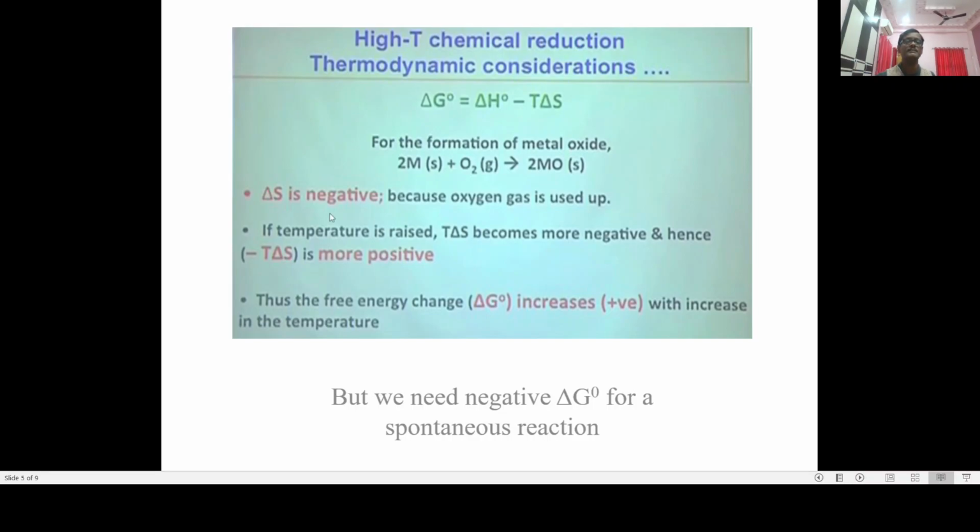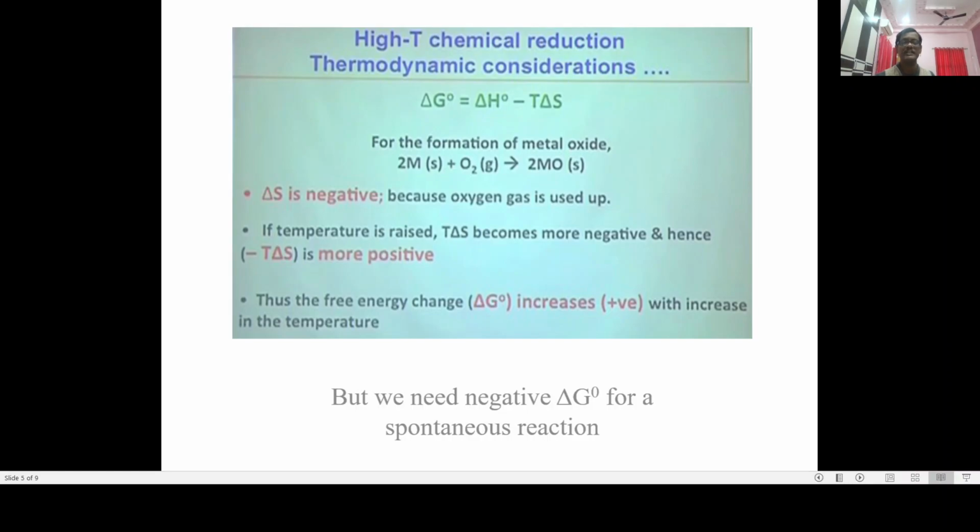If the temperature is raised, delta S becomes more negative, and hence minus T delta S is more positive. Thus, the free energy change delta G0 increases with increase in temperature.